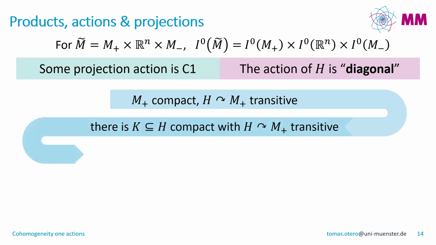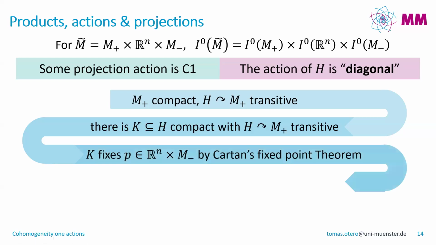Then there's this result of Montgomery, which assures you that, since M plus is simply connected and compact, there has to be, in fact, a compact subgroup of H, here K, which is still transitive. But now, by the Cartan fixed point theorem, this K has to fix a point on this Rn times M minus, because this is a Hadamard manifold.